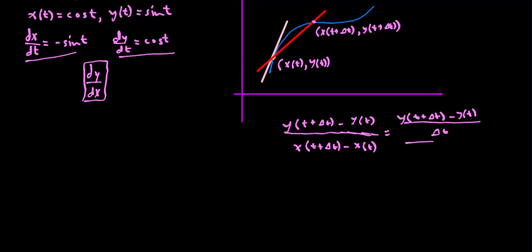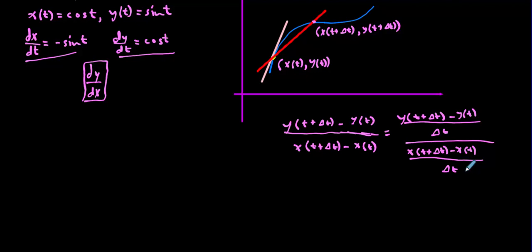And I do the same thing to the bottom. I've got x of t plus delta t minus x of t over delta t. There I have it, the top and the bottom.